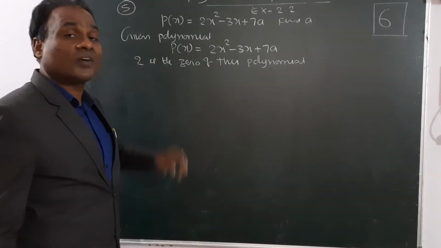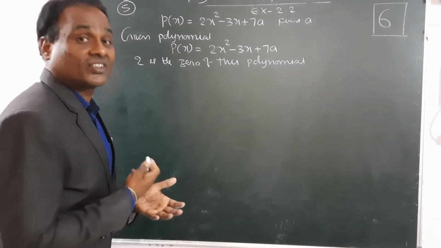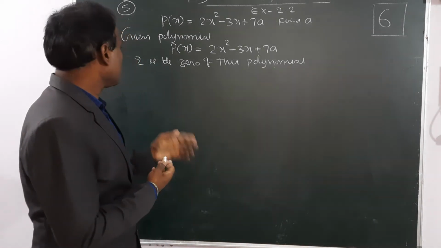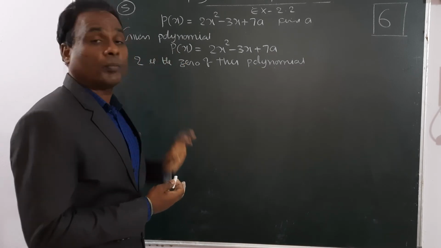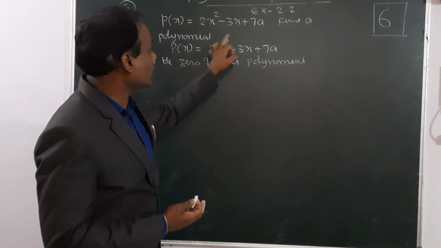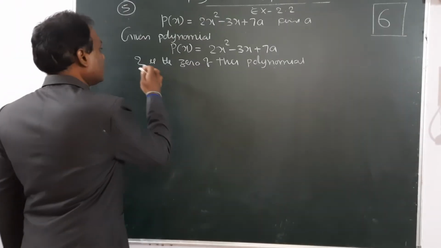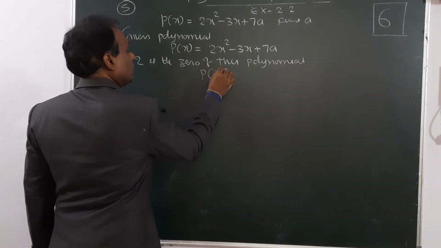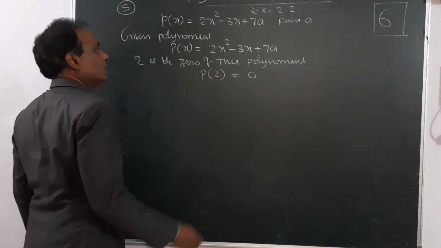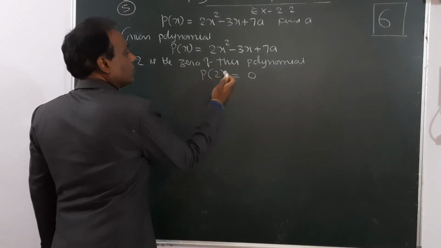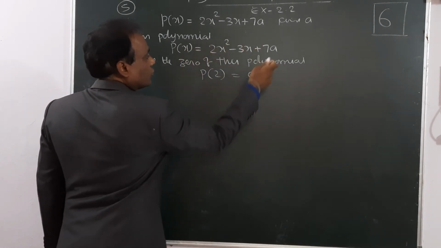What is the definition of the 0 of the polynomial? If one particular value is 0 of the polynomial, for that value the polynomial should become 0. That means p of 2 should equal 0. At x is equal to 2 that function should become 0.